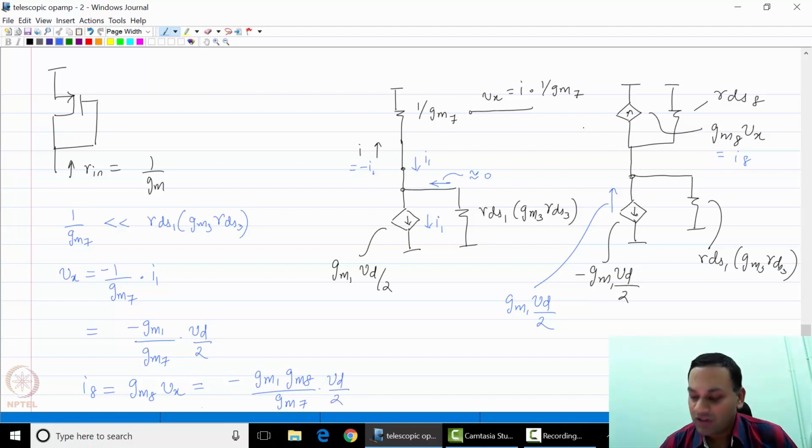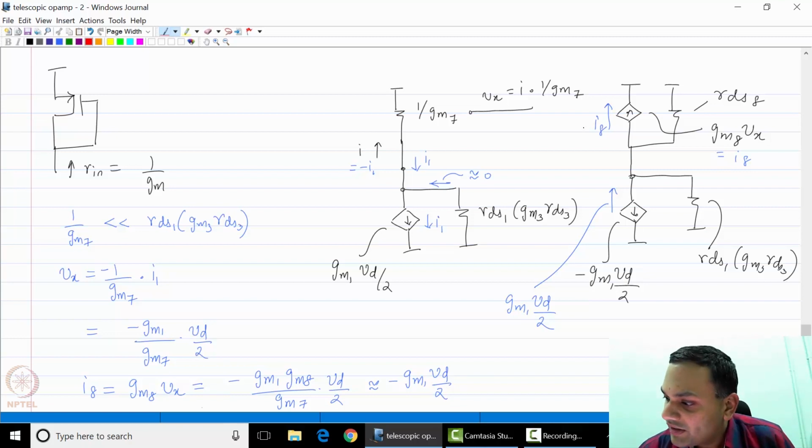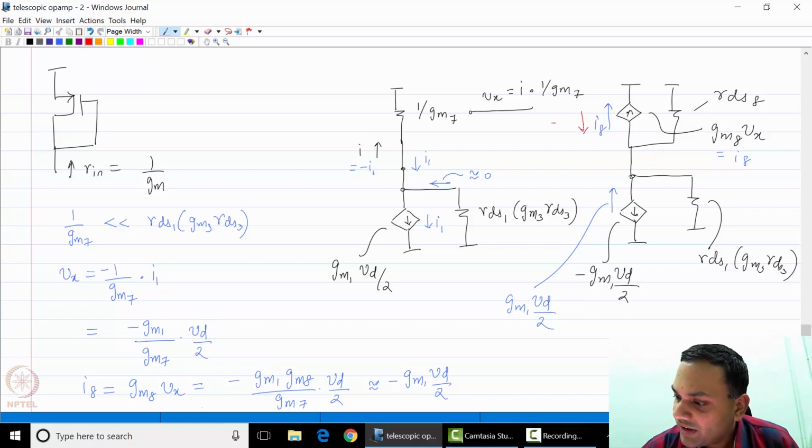Since gm8 is the same as gm7, this is minus gm1 Vd by 2. And remember that I8 flows upwards, which means there is a current gm1 Vd by 2 flowing downwards into this node. So the current flowing downwards is minus I8, which is gm1 Vd by 2. So now you have the current of M2 flowing upwards, which is gm1 Vd by 2, and the current of M8 which is also flowing into the same node.